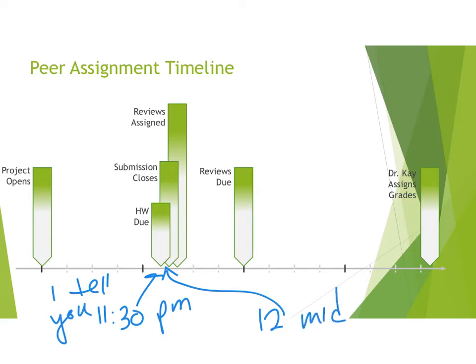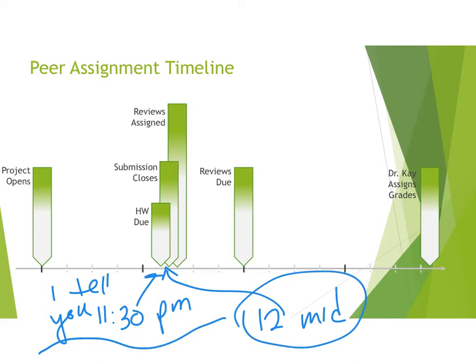And the reason I do that is because when Blackboard says it's midnight, the assignment is closed, it will not let you upload anything after that. And I do not have a way to let you do that. So I'm telling you the deadline is 11:30 in the hope that maybe you'll beat the 12 midnight deadline.